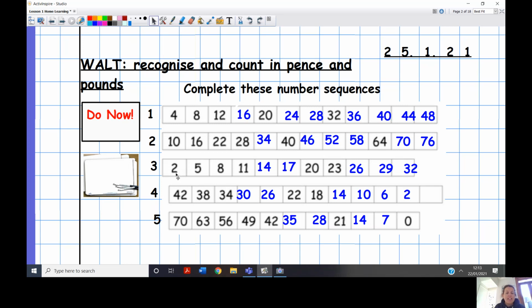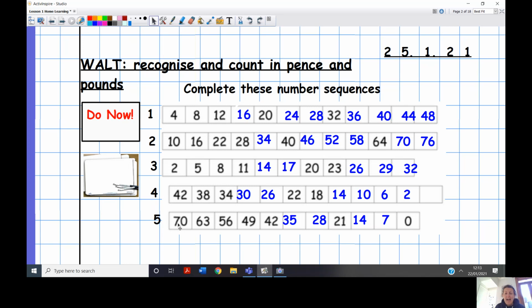Then our third sequence is a gap of 3 ascending, and then we're going into 2 descending sequences. Number 4, everything is reducing by 4 each time, and number 7, everything is reducing by 7. It is actually our 7 times table in reverse.